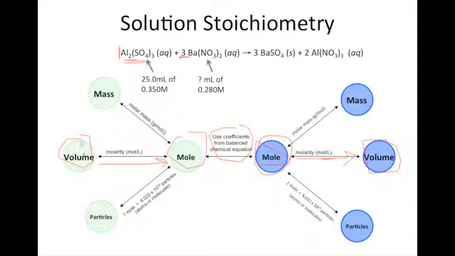So here's our strategy. Start with the volume of aluminum sulfate, convert it to moles of aluminum sulfate using molarity. Then we take the moles of aluminum sulfate, convert it to moles of barium nitrate using the chemical equation ratio, and then moles of barium nitrate to liters of barium nitrate using molarity, and then convert that into milliliters.